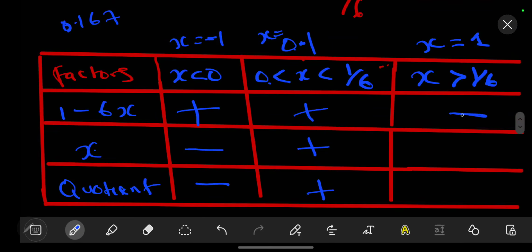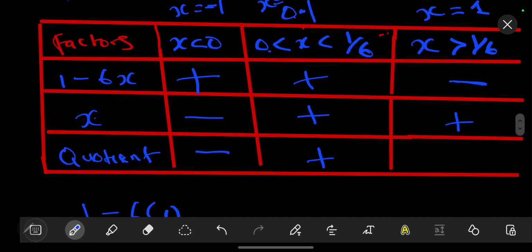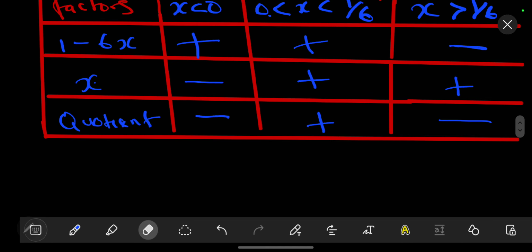So we are going to put a negative here. Then if we put +1 here, we are going to have a positive value. It will be +1, so we write the sign positive. Negative divided by positive, that's a negative like that. This is what we have as our quotient: negative, positive, negative.